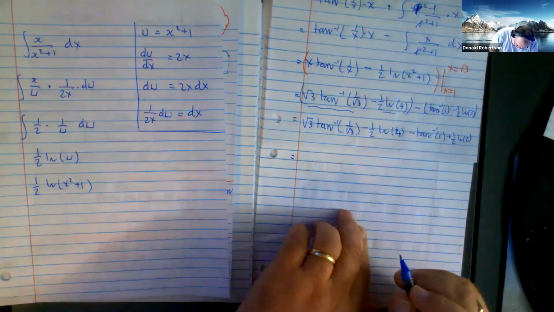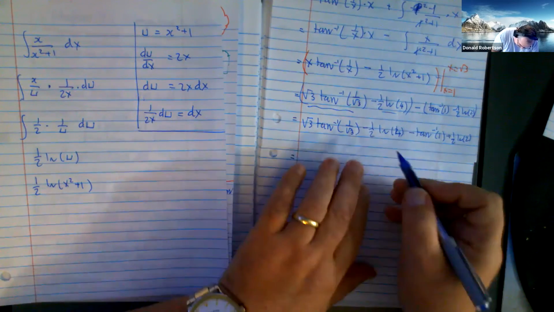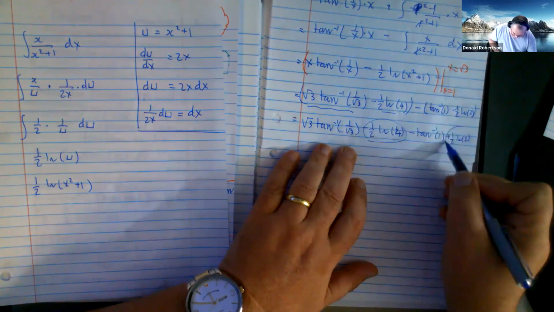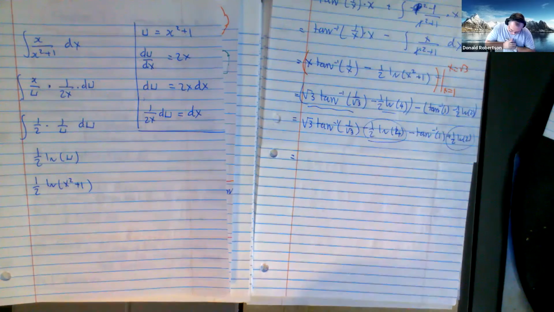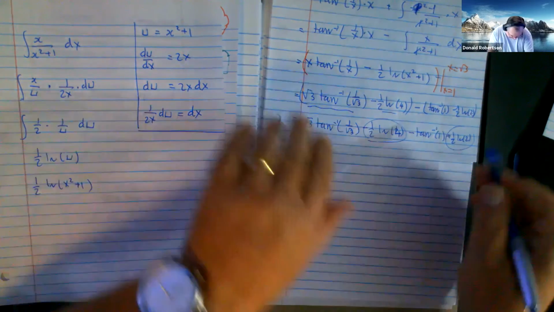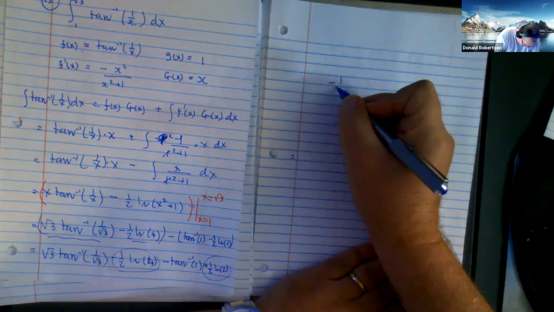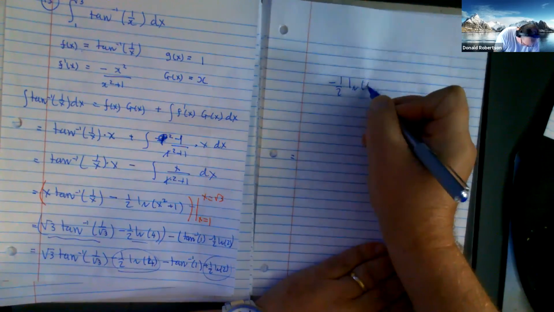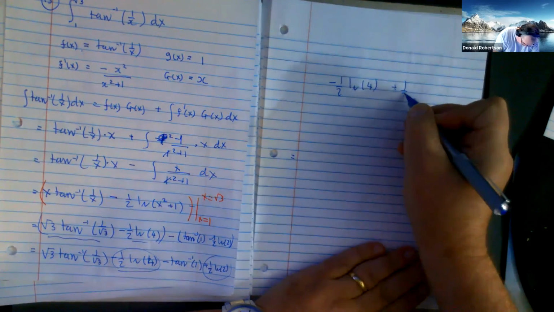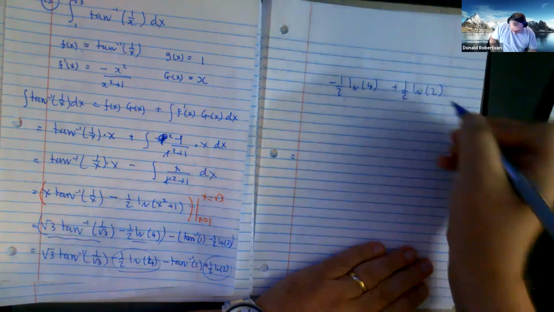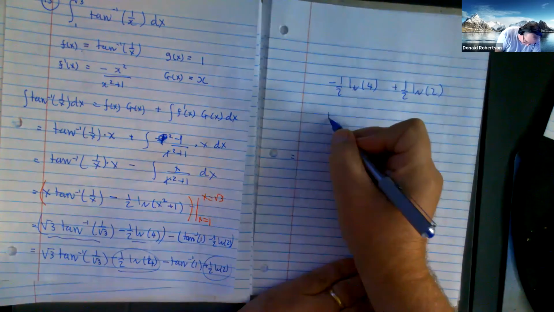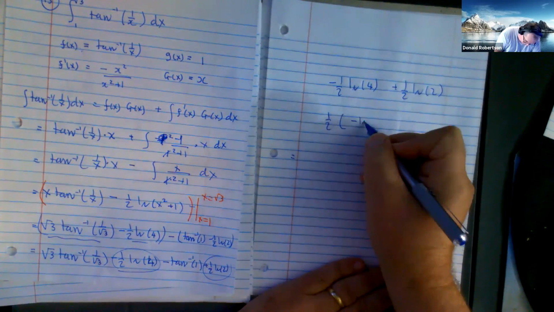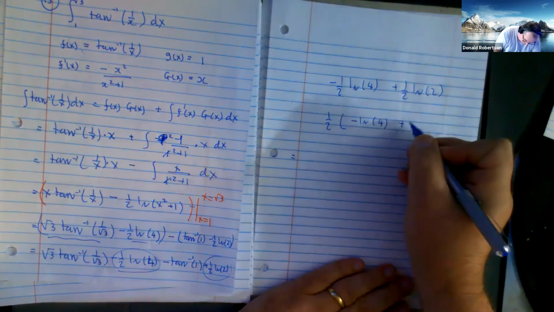Let's take some of these guys here and here and see if we can do anything about them. I'll do it in a side piece of paper, I think. If I take negative 1/2 the log of 4, and I try and combine it with 1/2 the log of 2, couldn't I pull out 1/2 as a common factor and have negative log 4 plus log 2?